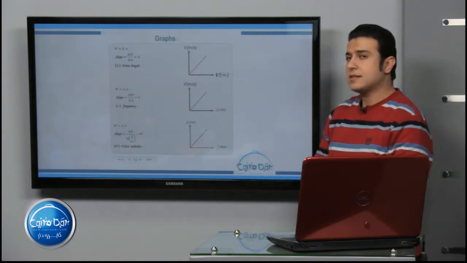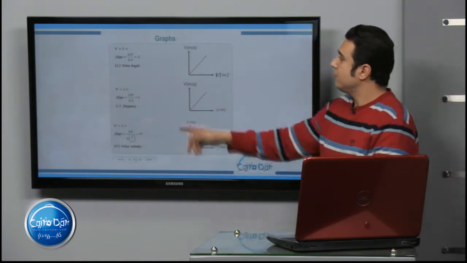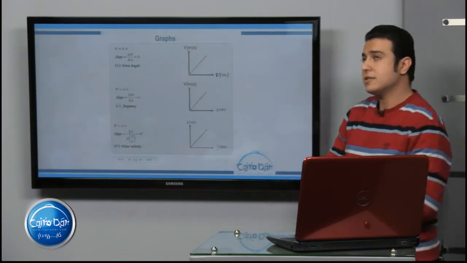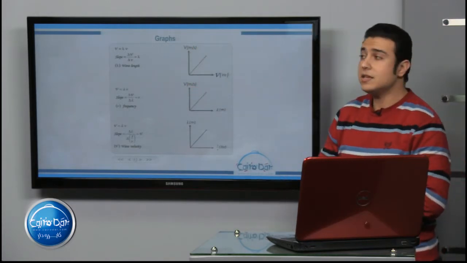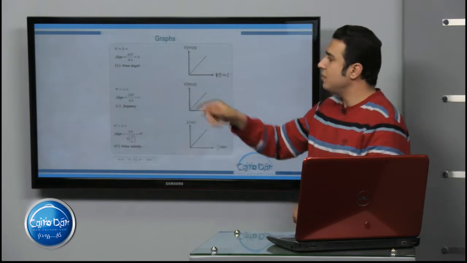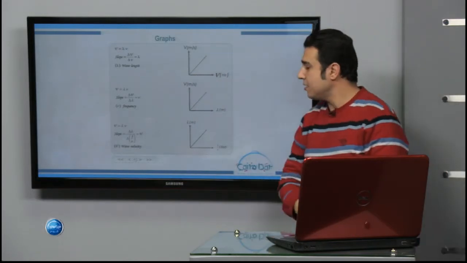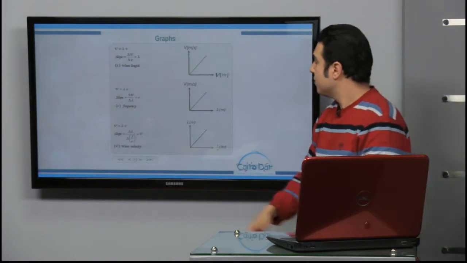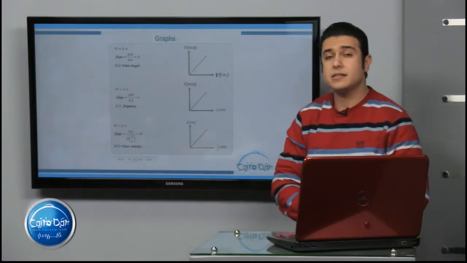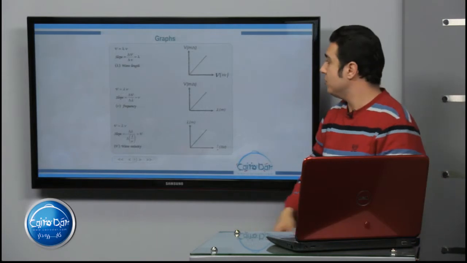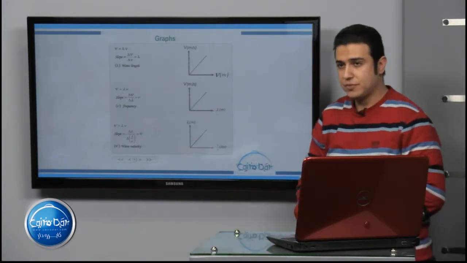So the slope in this case is velocity divided by frequency. Of course, velocity divided by frequency equals wavelength, so the slope is wavelength or lambda. But here, velocity divided by lambda: the slope is frequency or nu, because v over lambda equals nu.